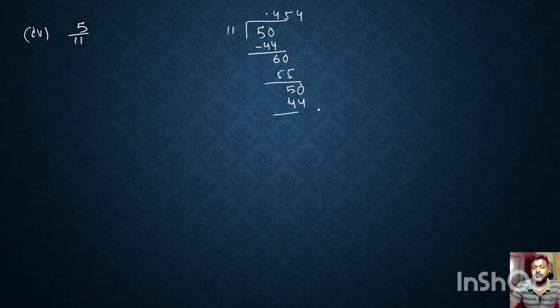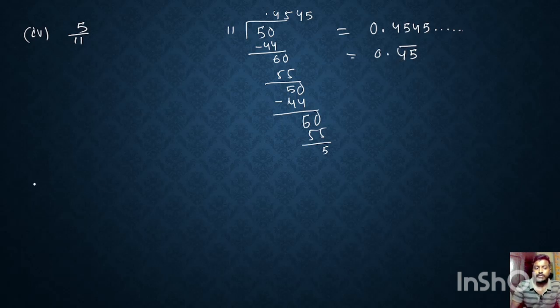Then subtract, that is 6, then put 60, then 5 times 11 is 55, again 5, means this will be repeated. So the answer will be 0.4545 dot, or we can write 0.45 bar, because 45 is repeated, that's why 45 bar.